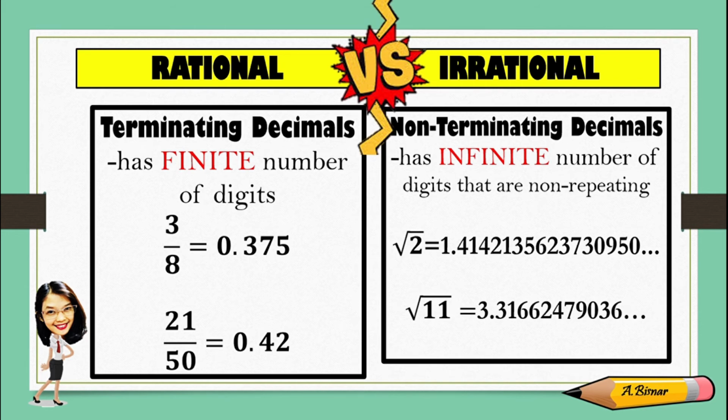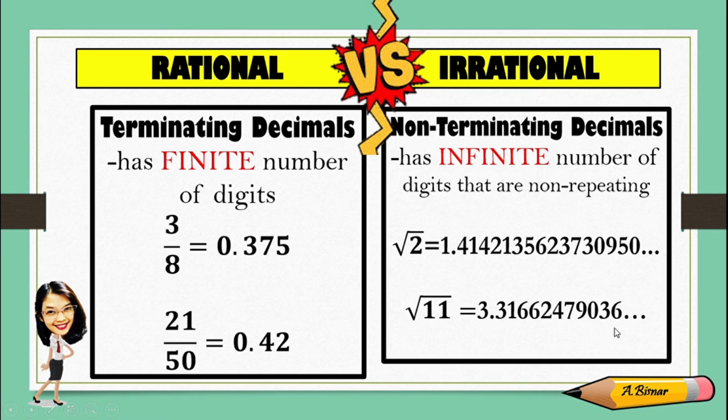Say for example, square root of 2. As you observe, it has ellipses, which means the number still continues. Same with the square root of 11.